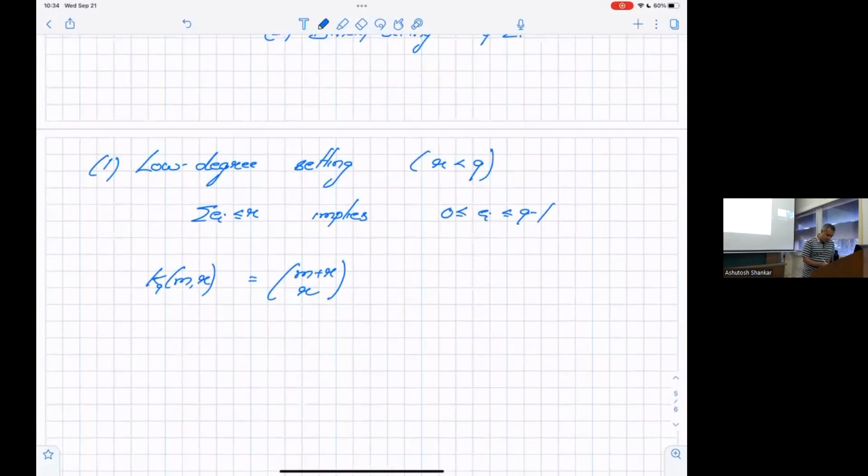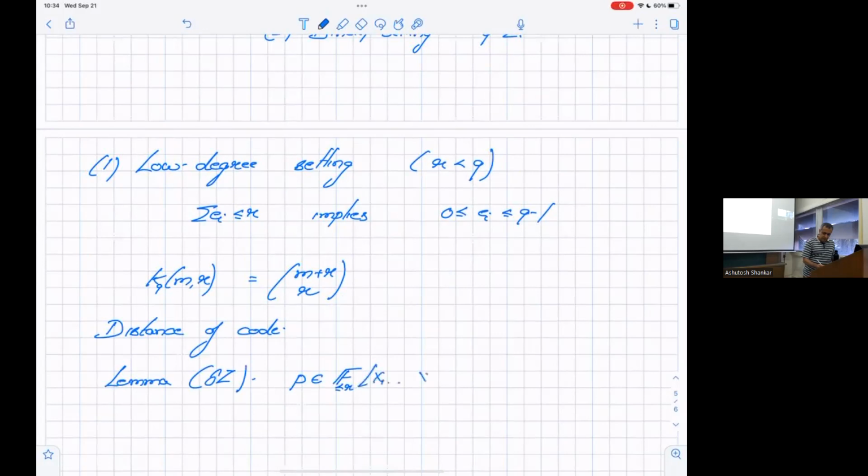And we are yet to argue for the distance of the code. And this is the Schwartz-Zippel lemma. Let P be a polynomial of degree less than or equal to r in x1 to xn, with r less than q, and P is a non-zero polynomial.